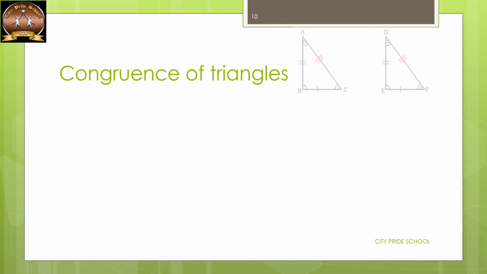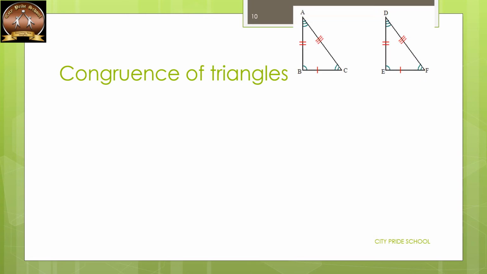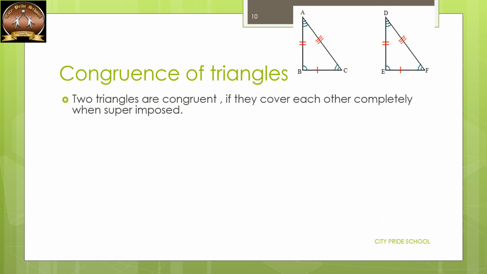So children, now we learned about different congruent figures. And we also learned why these figures are called congruent. So let us now learn about congruent triangles or congruency of triangles. Here I have taken two triangles, that is ABC and DEF.